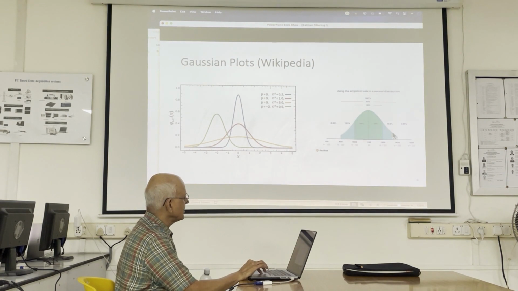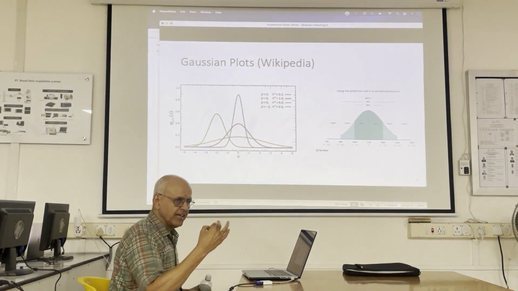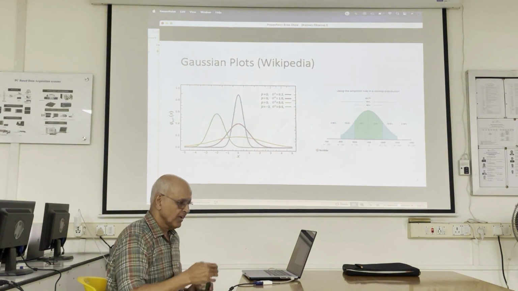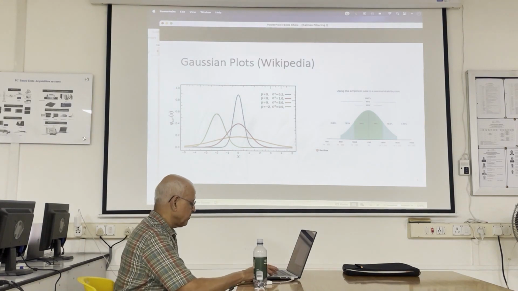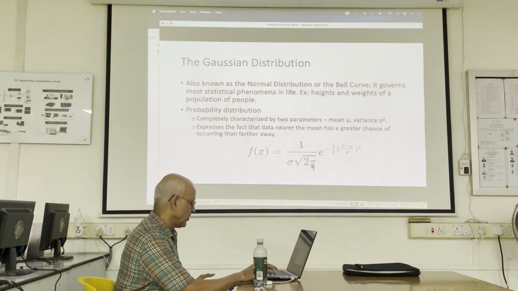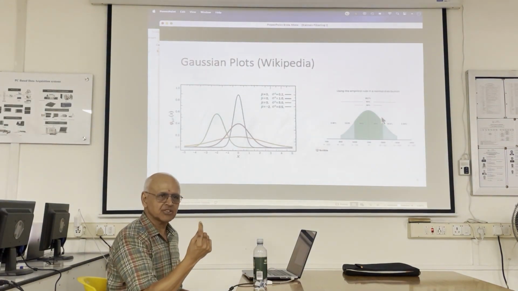For that number, the probability is this much. So the distribution is one thing, but drawing a number from that distribution is a different thing entirely. This can be plotted because anybody can plot this function using MATLAB, right? And you'll be able to generate all these curves. But a sample from the distribution is different.